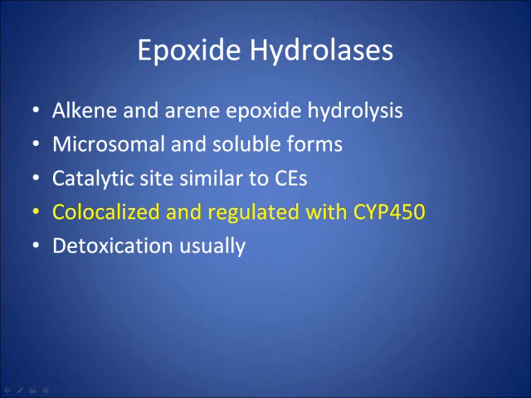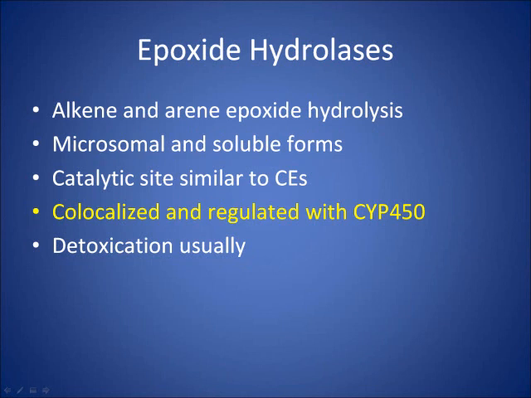The first is that the regulation of the genes encoding the epoxide-producing cytochrome P450 enzymes and the epoxide hydrolase enzymes are coordinated. Thus, induction of the cytochrome P450 genes corresponds with an induction of epoxide hydrolase genes, with proportional increases in the proteins that are synthesized.